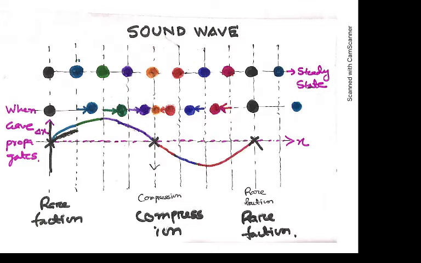In this way, the sound wave will travel through the medium. As I have already told you in the first part of the video, sound wave travels through a succession of compression and rarefaction. Now you can understand how this compression and rarefaction region are formed when sound travels through a gaseous medium.